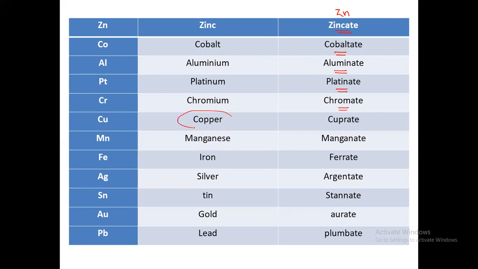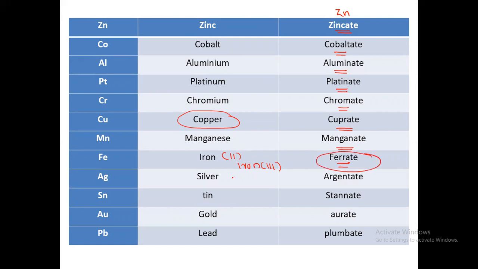So there is a change here. Copper becomes cuprate. That is to be noted. Manganese is manganate. Iron, it doesn't matter whether it is iron 2 or iron 3, if it is part of a negative complex, we use ferrate, not ironate. It's important: ferrate.